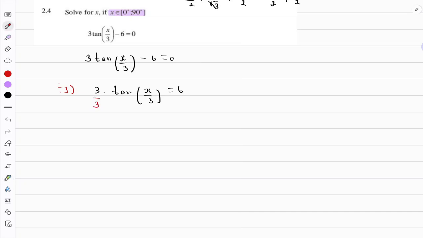So divide by 3, divide by 3, 3 and 3 cancel, 3 goes into 6 twice. So this is tan of x over 3 is equal to 2. So therefore, x over 3 should be equal to tan inverse of 2.